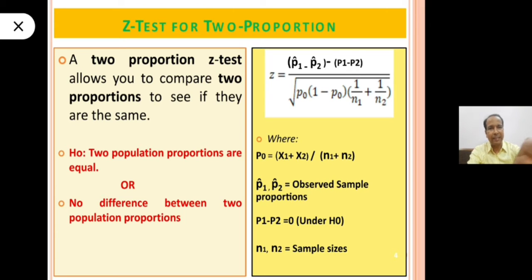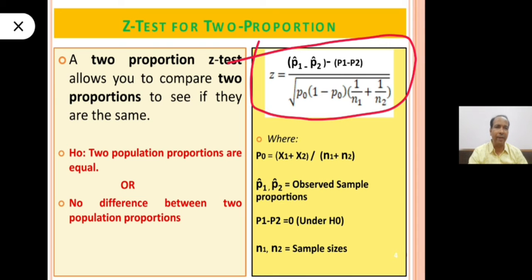Now the test statistic is this, which we are seeing over here. Z equal to P1 hat minus P2 hat minus P1 minus P2, upon root P naught in bracket 1 minus P naught in bracket 1 upon N1 plus 1 upon N2.